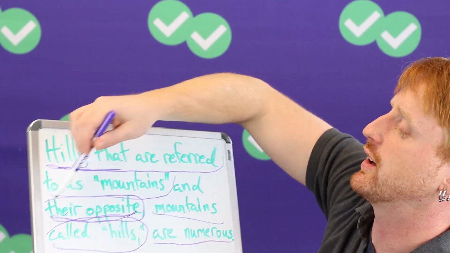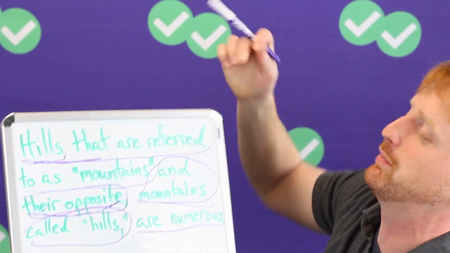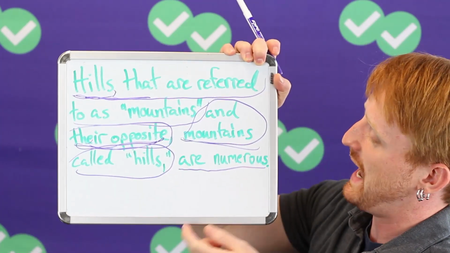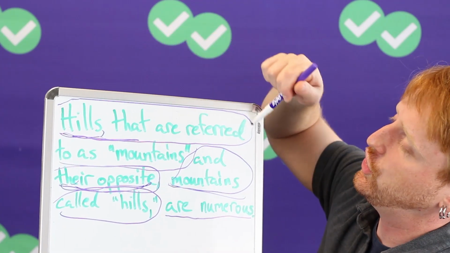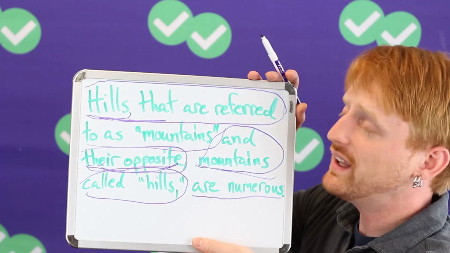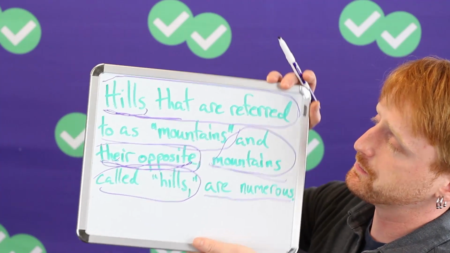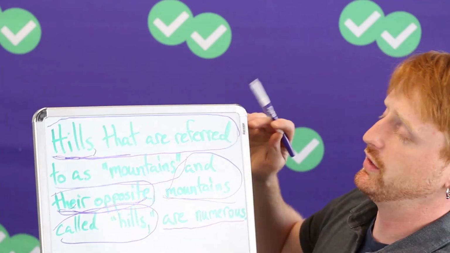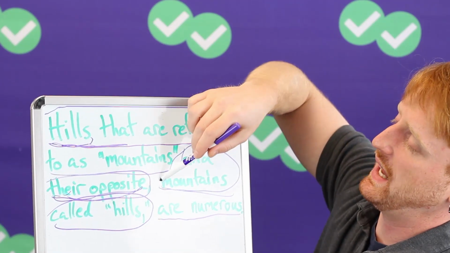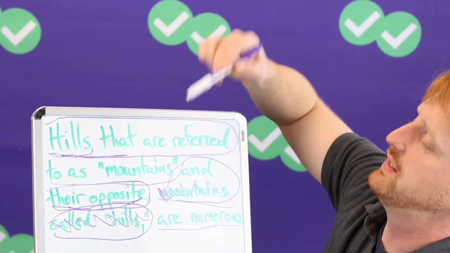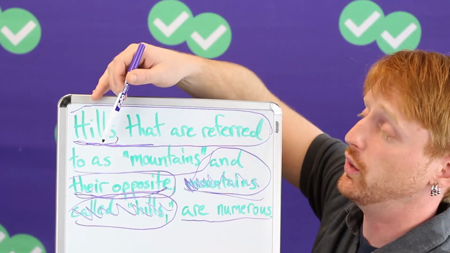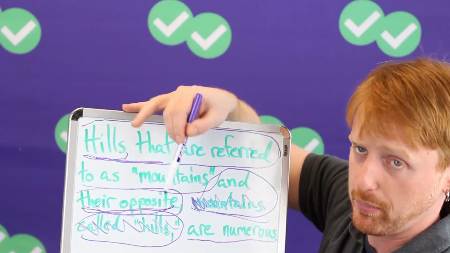Okay, so I'm really circling this whole sentence here as the subject, and at the end I have just the verb in two words. We can simplify this a little bit, but not by too much. We can simplify this by forgetting this mountains called hills, and instead look at hills that are referred to as mountains and their opposite.